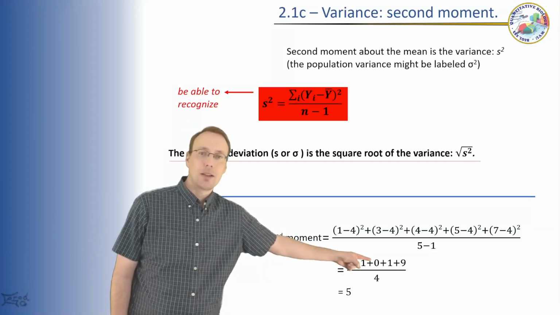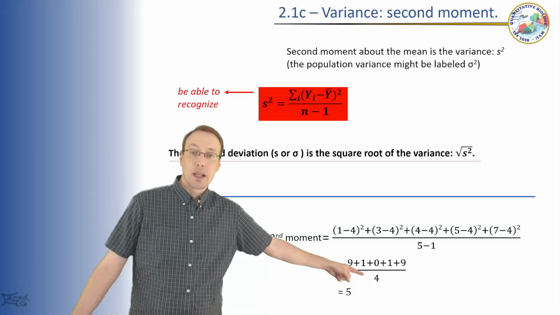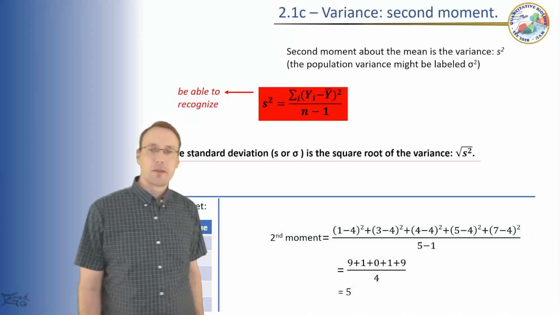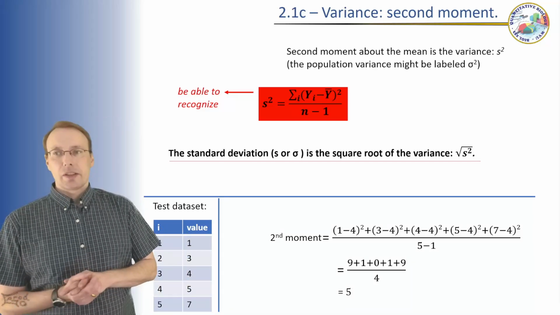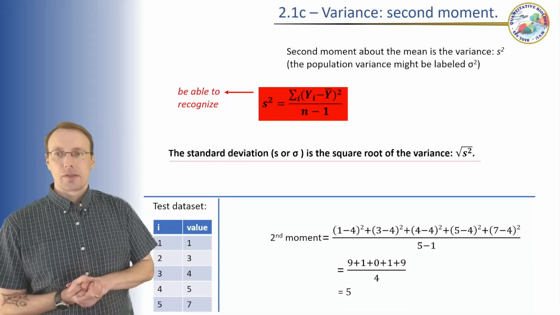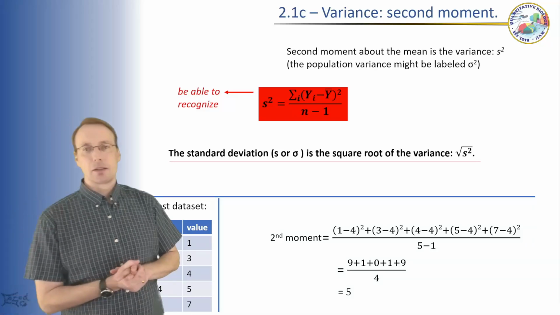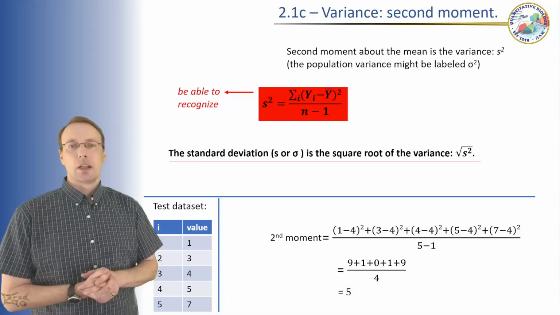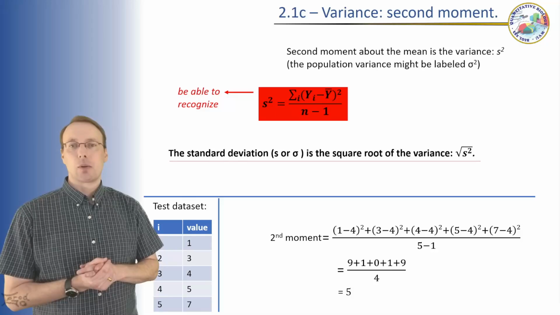So I add all these numbers, divide by the sample size minus 1, and you get a variance of 5. Okay, so these two calculations here, the variance and the mean, I want you to be able to recognize the equations.